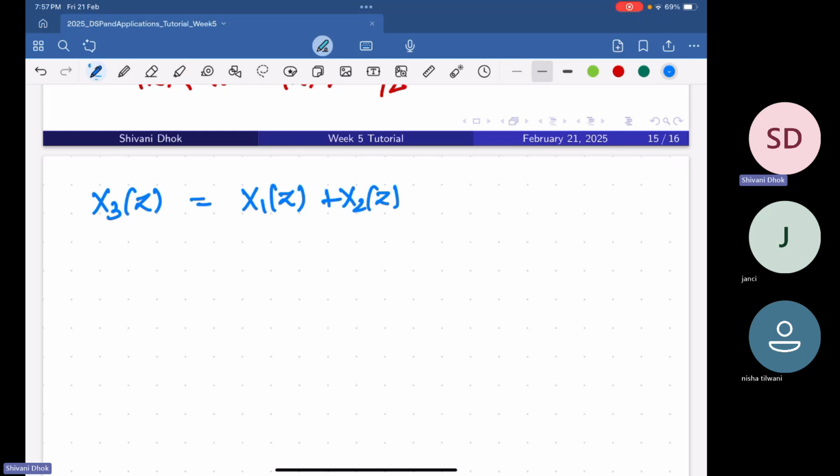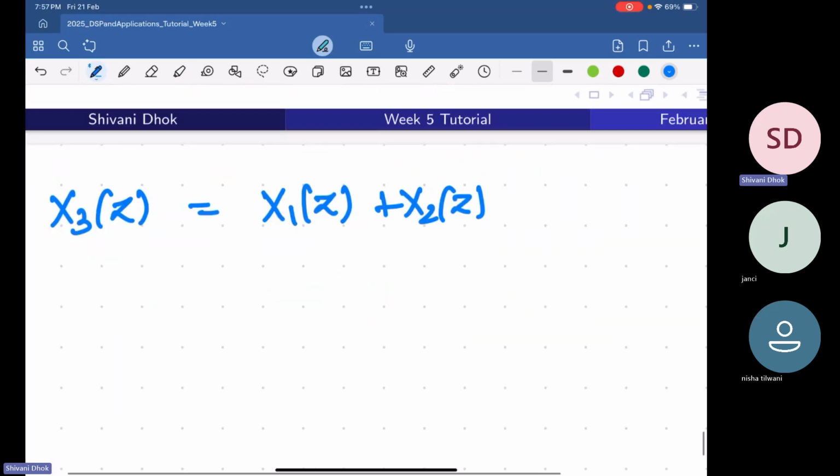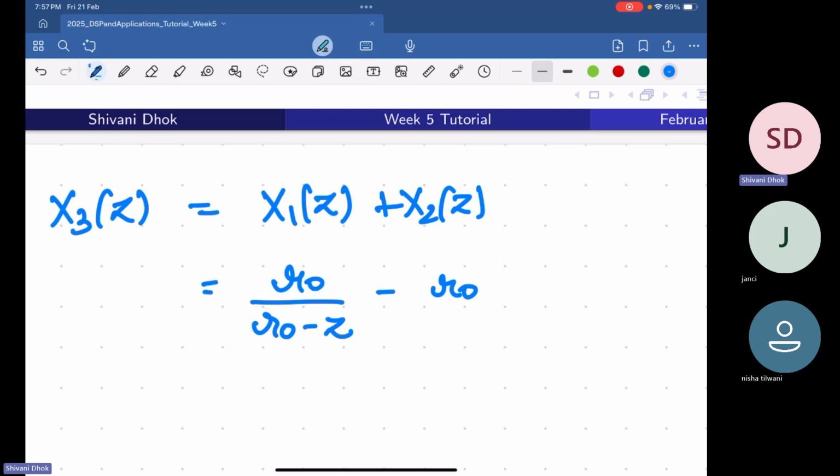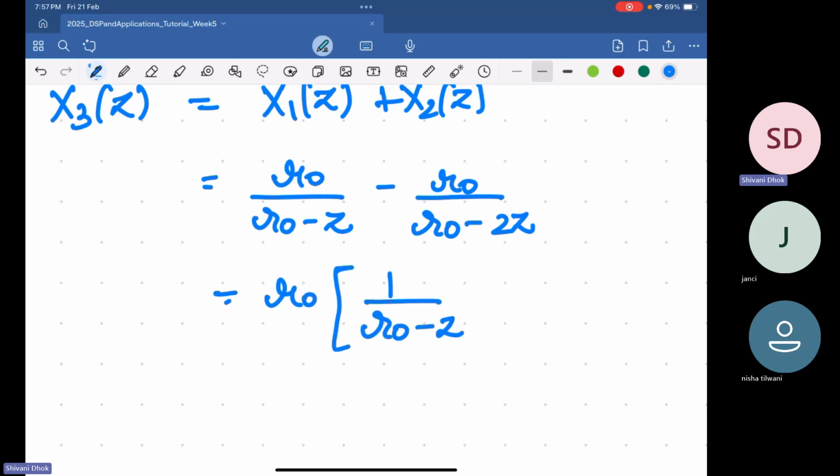So this X1(z) is R0 upon R0 minus z, minus R0 upon R0 minus 2z. So let's cross multiply. We can take out R0 common, so we will have R0 times (1 upon R0 minus z minus 1 upon R0 minus 2z).